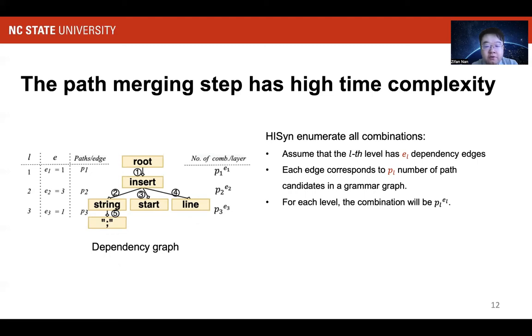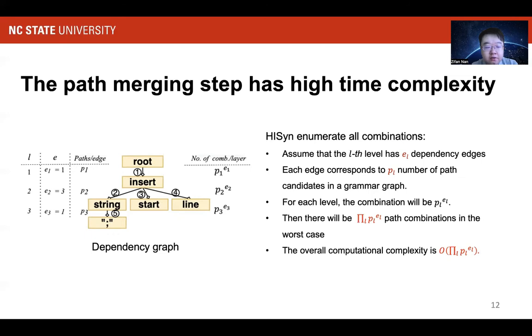Then each edge has P path candidates, and inside each level the combination will be P to the power of E. For the whole dependency graph, if we want to try every combination, the final path combinations will be the product over each level of P to the power of E. So the overall complexity is very high. If we have 4 levels, each level has 4 edges, and each edge has 4 candidates, then there will be more than 4 billion combinations, which is very inefficient.